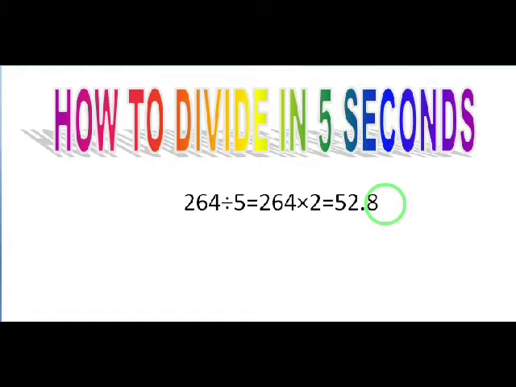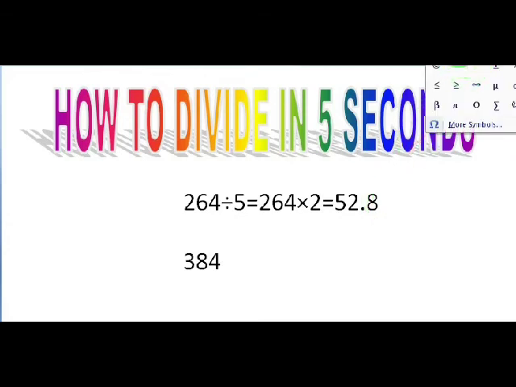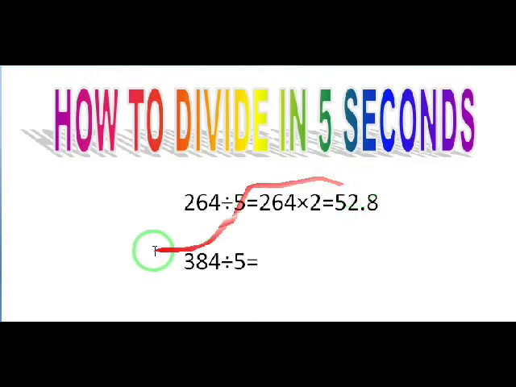So let us take another example. 384 divided by 5. So here 384 is the dividend, so we have to multiply the dividend with 2.